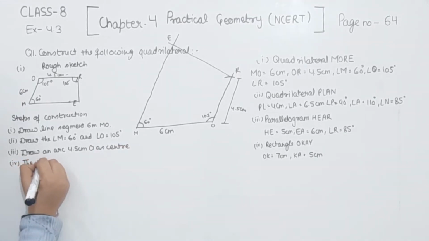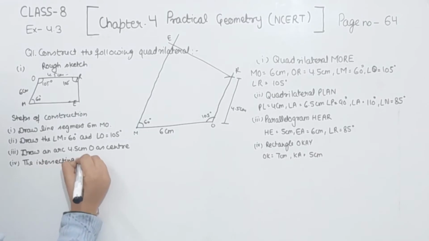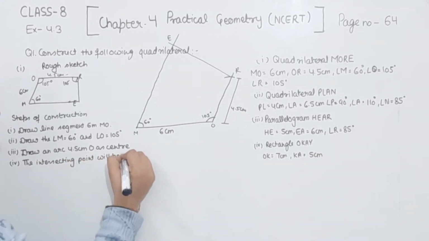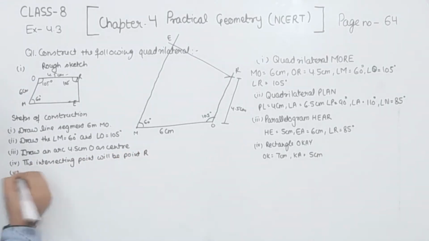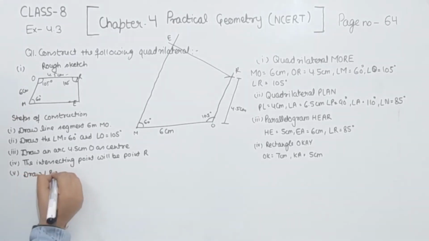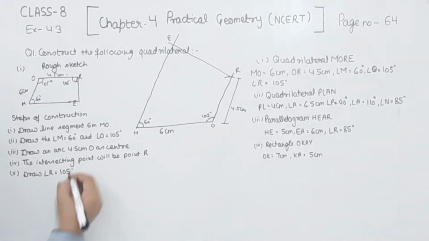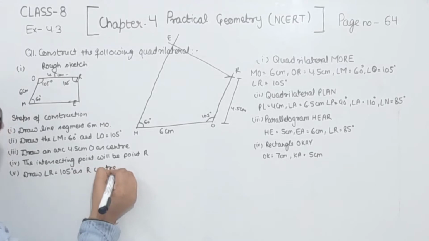The intersecting point will be point R. Now draw angle R is equal to the 105 degree, R as center.